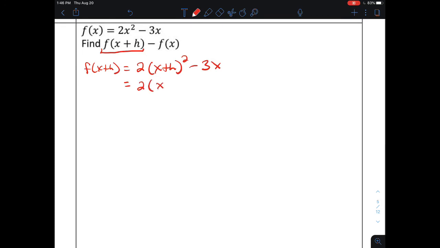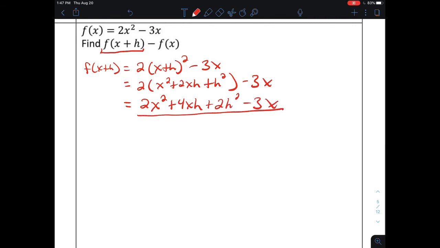So it'd be 2 times (x squared plus 2xh plus h squared) minus 3x. Really nothing to combine there. Just a bunch of unlike terms.